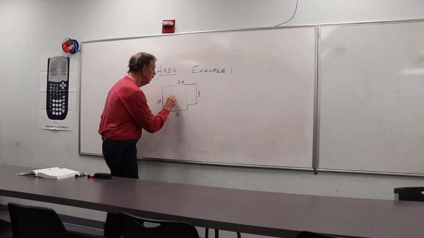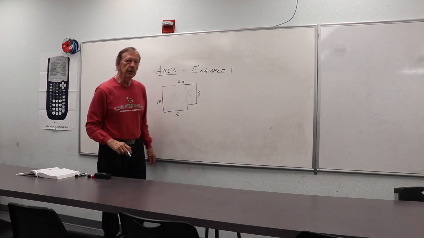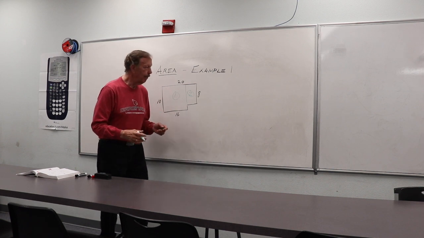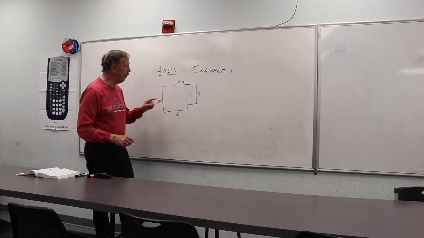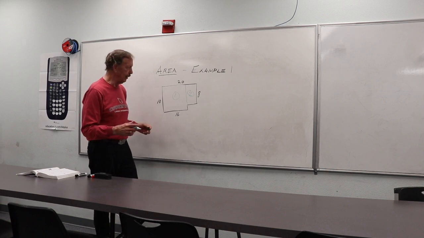Another way to do the same problem is to break this into two rectangles and add them together. This rectangle is going to be, oh, we need to do a little arithmetic here.